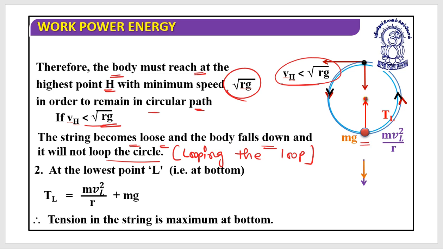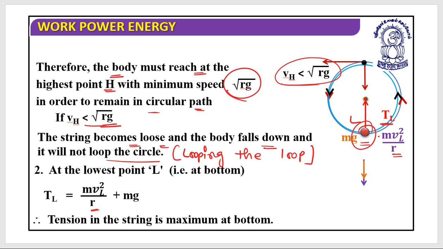At the lowest point, at position L, this is the tension at L, this would be mv square by r, and this would be mg. Both are acting in the downward direction, so T at L could be written as mv square by r plus mg.